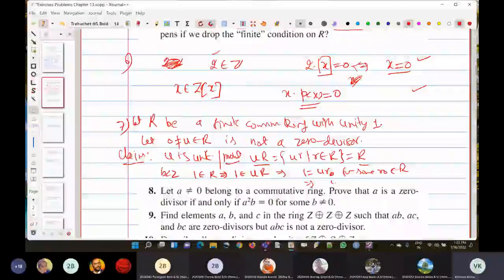So it means what? U is a unit. So once we take some element which is non-zero and is not a zero divisor, then it becomes a unit. Fine. This you can prove.